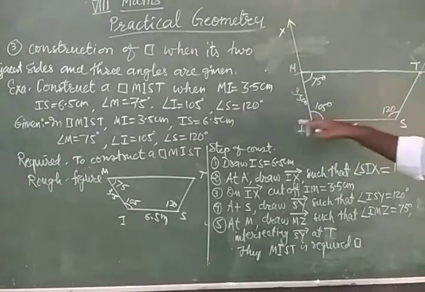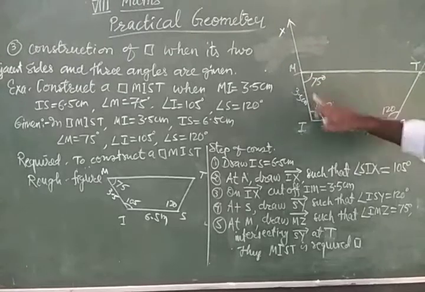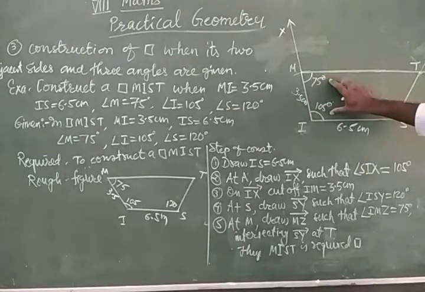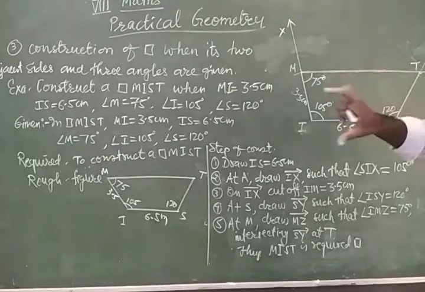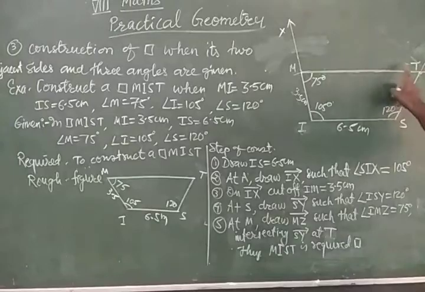If these two lines are intersected by this, then these two angles are on the same side and their sum is 180. They are supplementary. So interior angles are supplementary and that's why IS is parallel to MT.